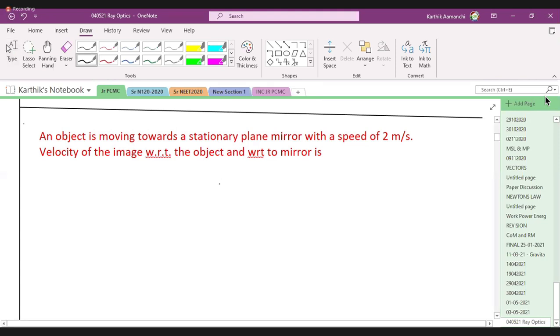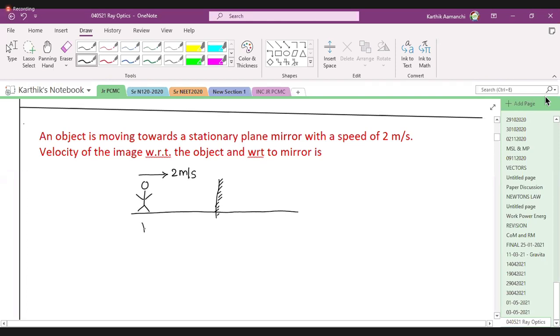See, this is your mirror. Did you take down the question? This is your object. Let me say the object is running towards your mirror with 2 meters per second.